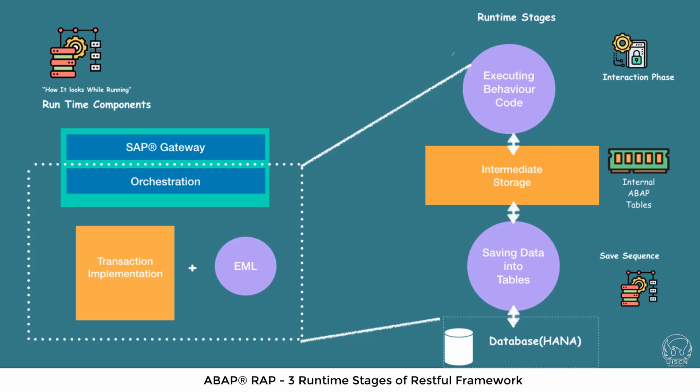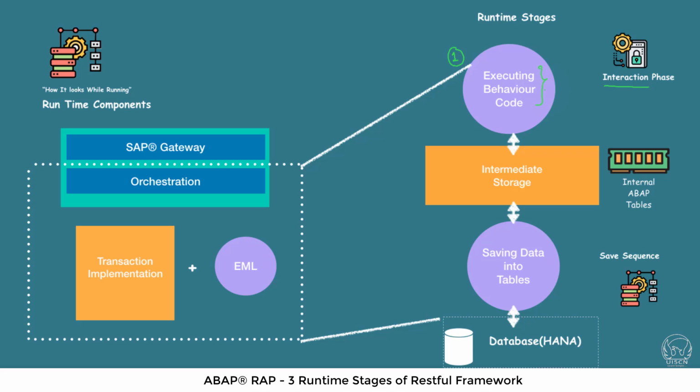The first stage is the interaction phase. In the interaction phase, you are executing the behavior code and all the behavior implementation code. It can be runtime-generated, or you have written your own code in an unmanaged scenario.